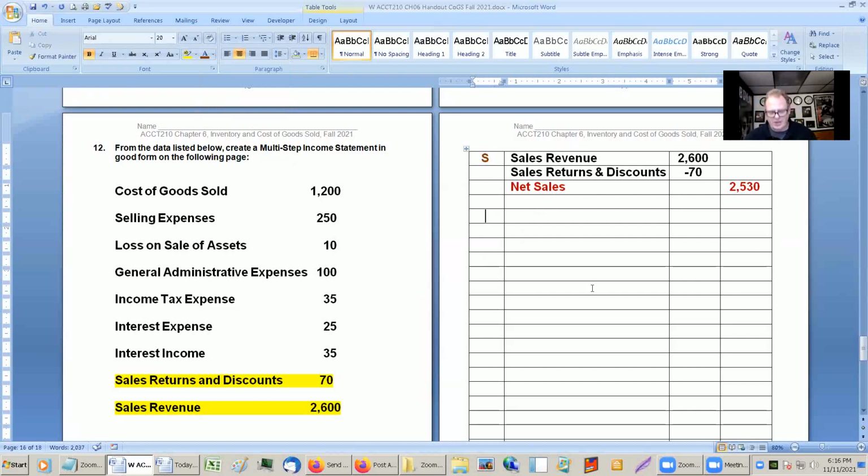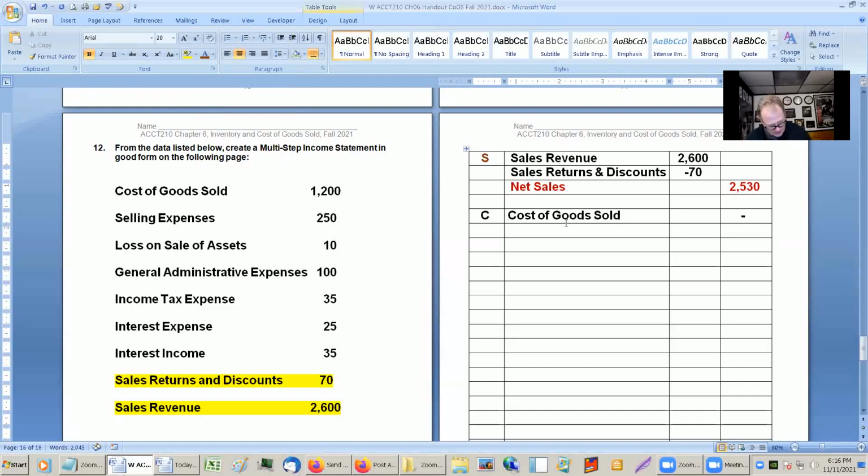Next thing for our SCOOT is C, cost of goods sold, for the 1,200. Okay, so cost of goods sold. It's 1,200, and those are the costs.